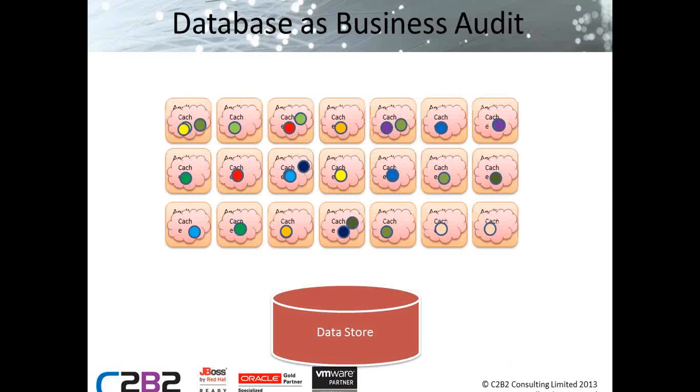The other model we see quite a lot is that the database is business audit, essentially. What we mean by that is in Oracle Coherence, we have a highly available data store, essentially. So we store our data in the grid, and many applications, a lot of the data they store is not really business data, in the sense that it's not long-lived data. It's only stored in the database so that we can build ourselves stateless web services, stateless web applications.